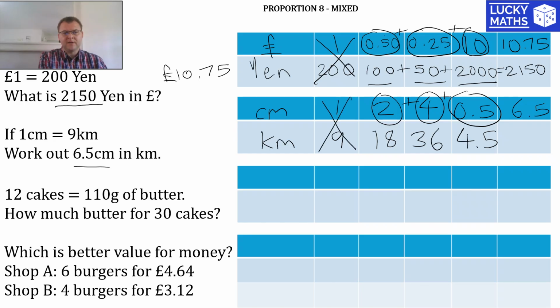Just to clarify, I'm going to cross that 1 centimeter out because that doesn't help me get 6.5 centimeters. 4 plus 2 plus 0.5. So 36 plus 18 is 54, plus 4.5 means that 6.5 centimeters will be 58.5 kilometers.